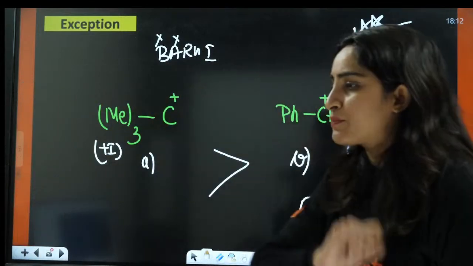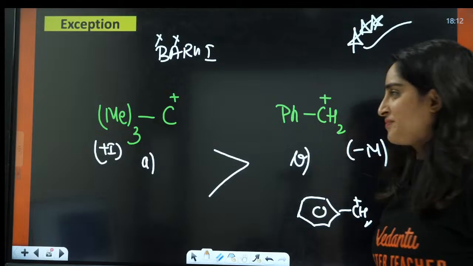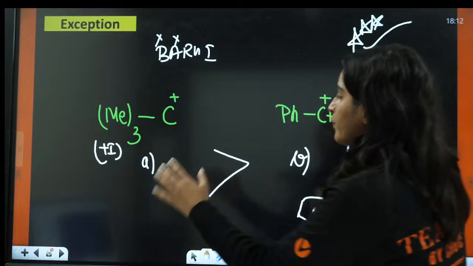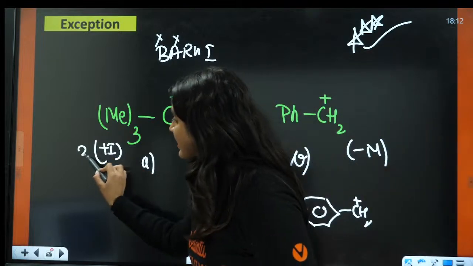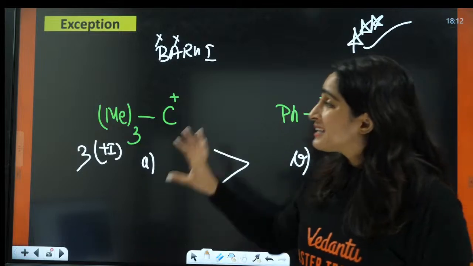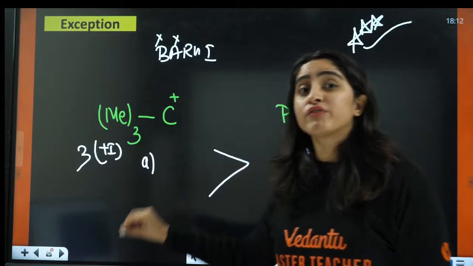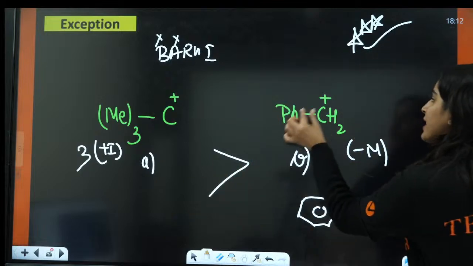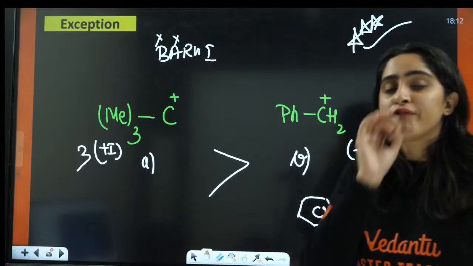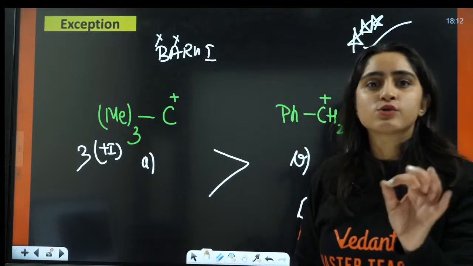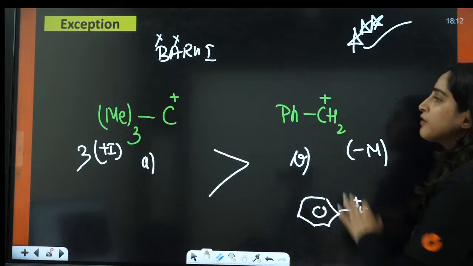So now, what is this exception here? See, here we have 3 methyl groups giving plus I effect. So, in this case, the inductive effect of 3 methyl groups wins over the resonance effect of just one phenyl group.